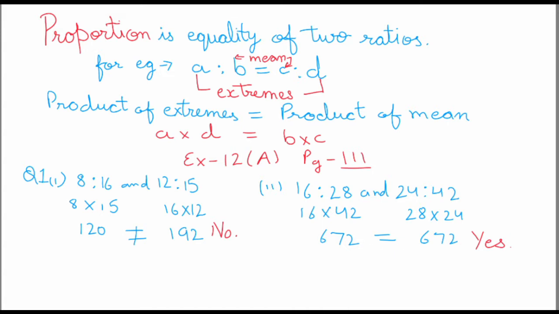Now I will move to the third question. The third question is written 12 divided by 3. We can take it as a ratio also, because if it is divide, we know it is a ratio, and the other one is 8 is to 2.